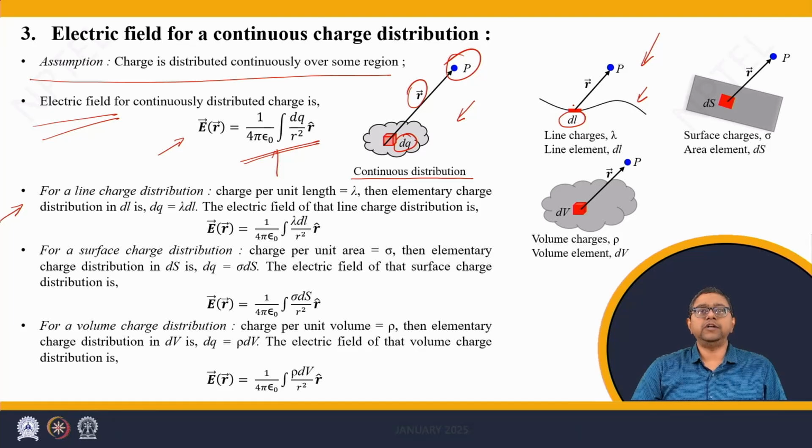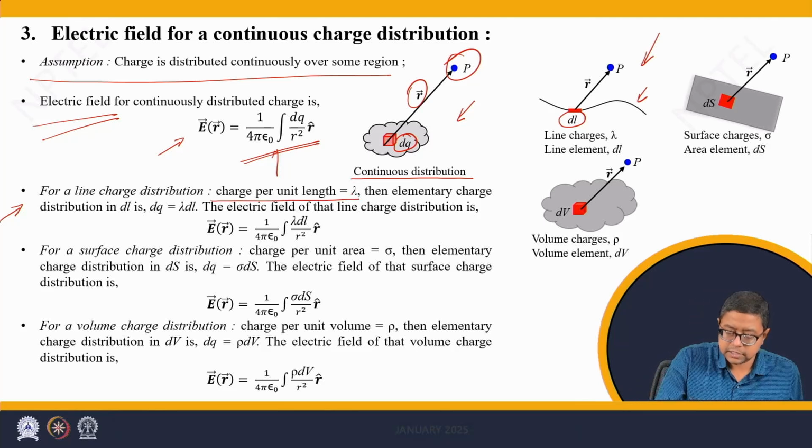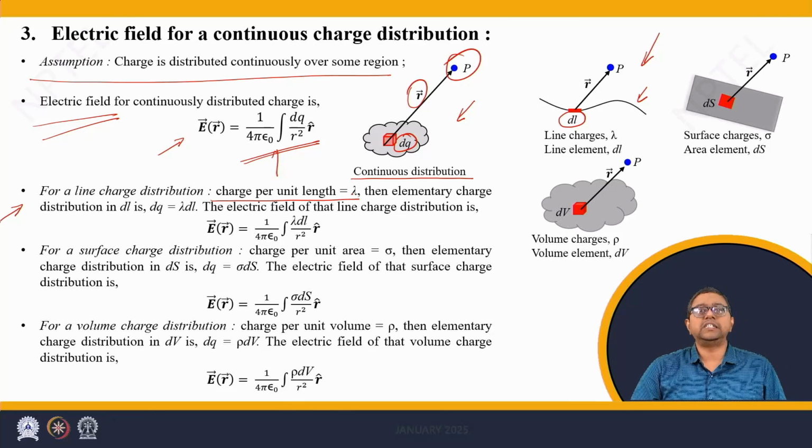Now, the continuous charge distribution can be represented in the form of the line charge density. The line charge density is nothing but the charge per unit length, which is lambda. It means that for a unit length, the total charge along this line is lambda. Then the elementary charge in dl becomes dq equals lambda into dl.